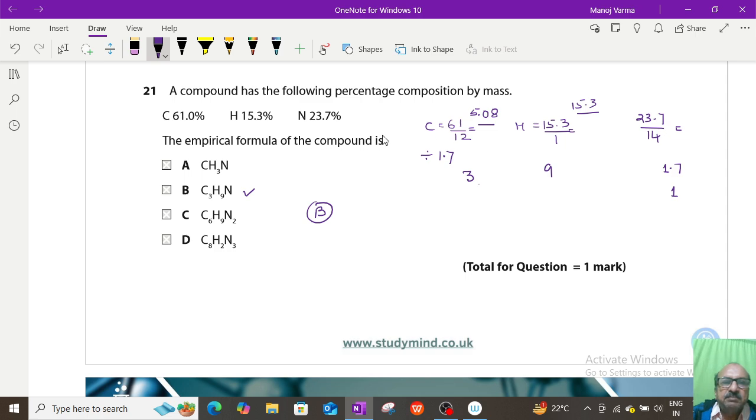You divide the percentage by the atomic mass and you get 5.08 for carbon, 15.3 for hydrogen, and 1.7 for nitrogen, and the smallest number is 1.7. So you divide these numbers by 1.7 and you get the ratio 3:9:1, which is the straightforward answer, C3H9N.